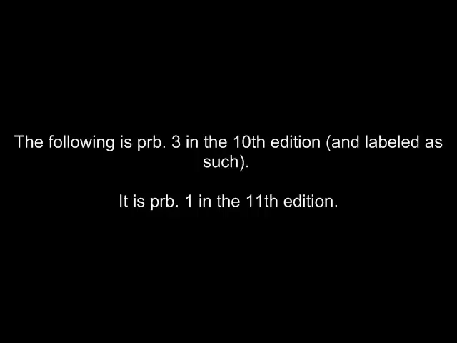Okay, the next problem is number 3, which says a ball is thrown straight up with an initial speed of 30 meters per second. So I guess I just call this ball.